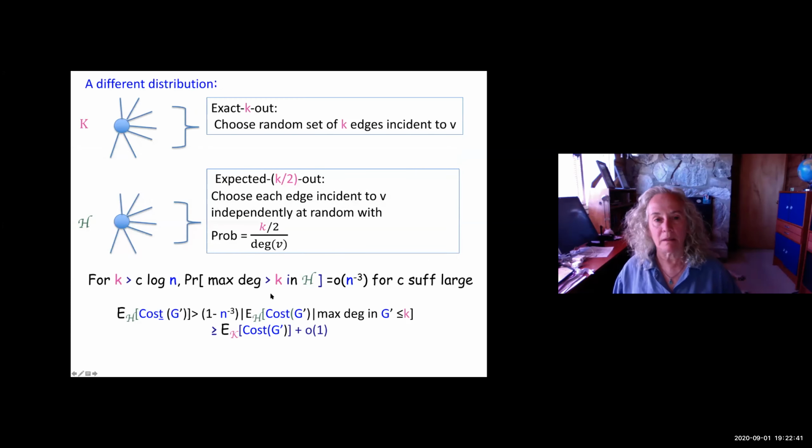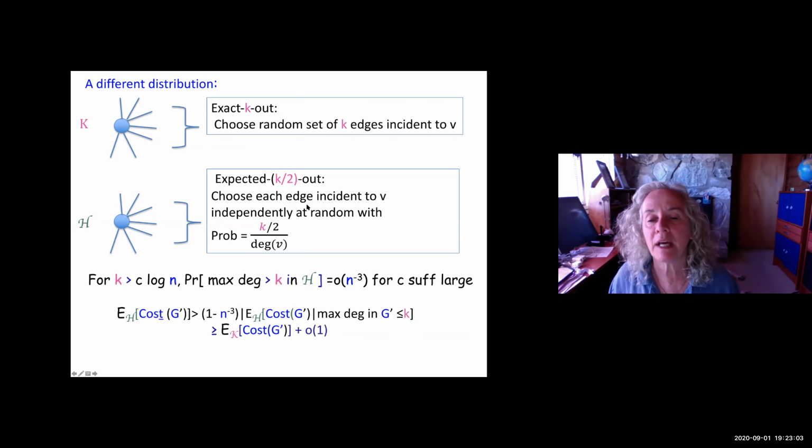Now, this problem as I defined it is a version you might think of as exact k-out. In other words, each node picks k edges incident to V. Another possibility is this other distribution, which in the paper we called expected k over 2 out.